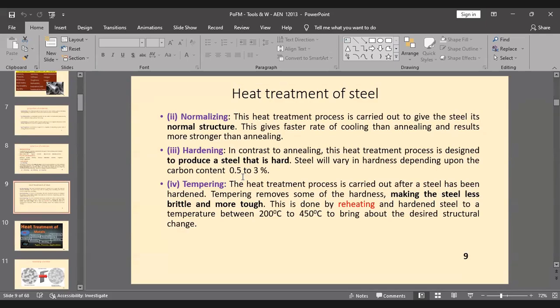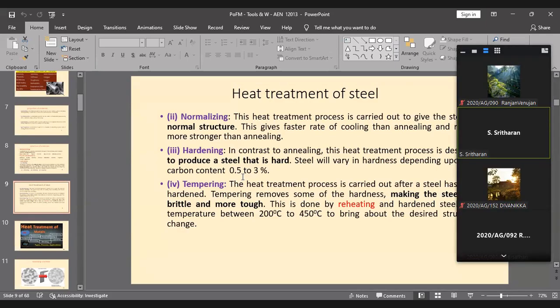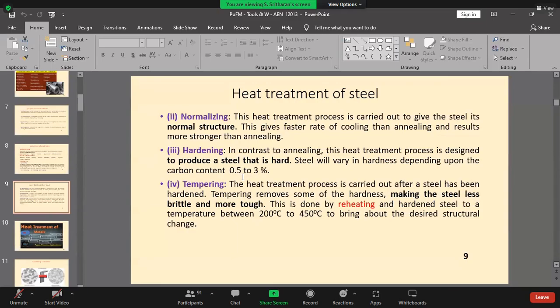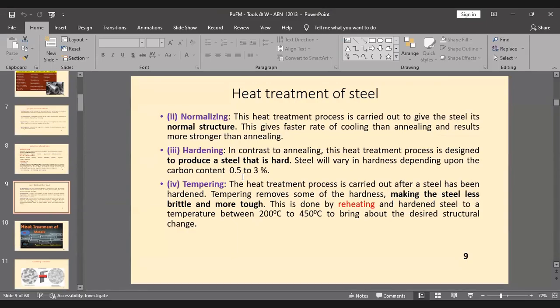So we have 2 different types of treatment. Heat treatment, where you utilize the percentage of carbon. The second one is, we are producing alloys for our work. So this is the metal world.